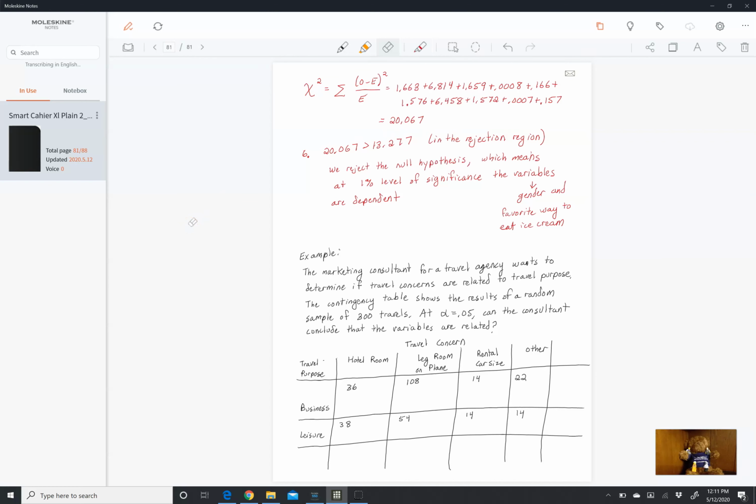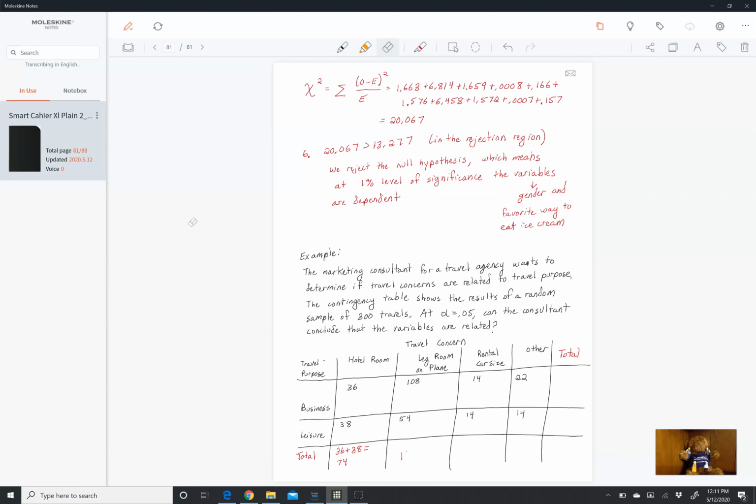Okay. So here, these are totals that we're figuring out. All we're doing is adding the 36 plus 38. Okay, so the total here is 74. Here we're doing 108 plus 54.